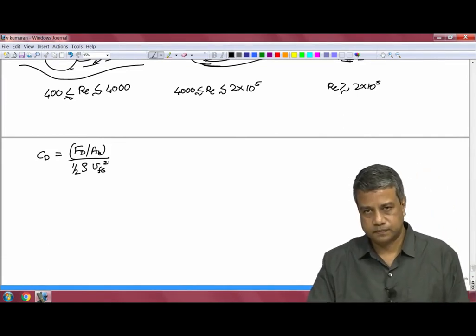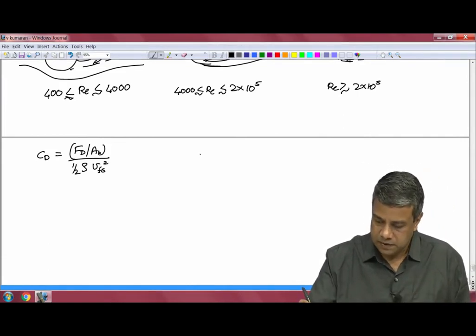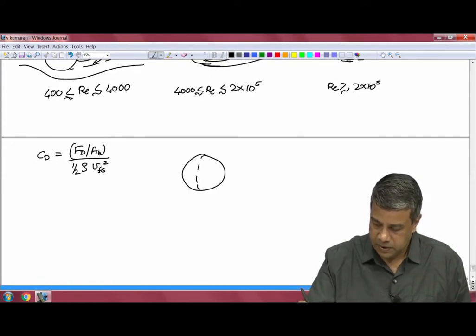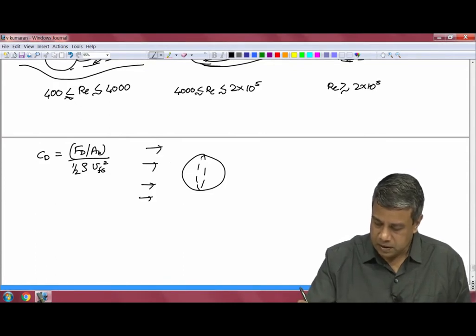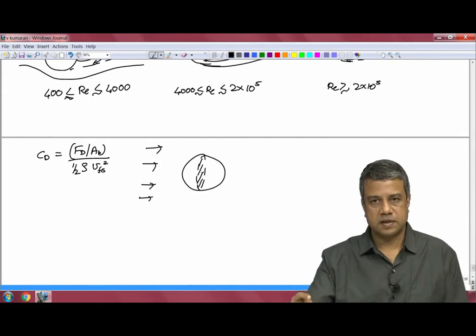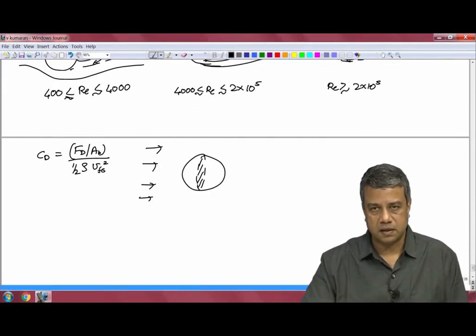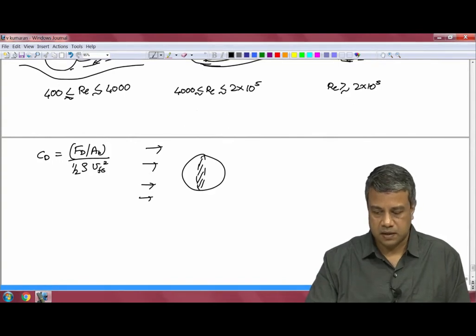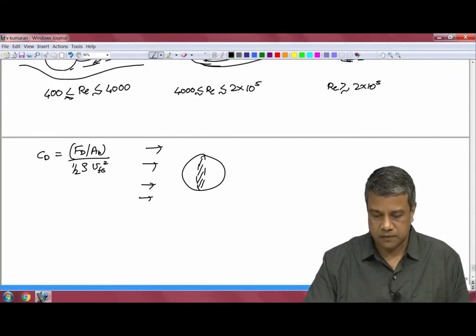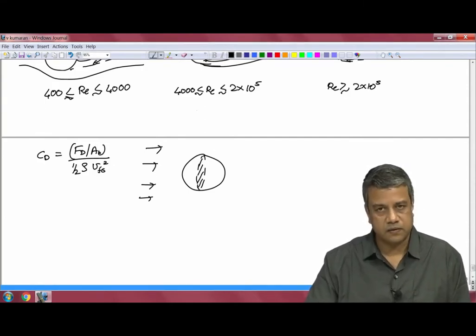So, for a spherical particle with flow that is incident on it, the projected area is the area of the circle which is perpendicular to the flow. The total drag force divided by the projected area divided by half rho v squared is the drag coefficient.